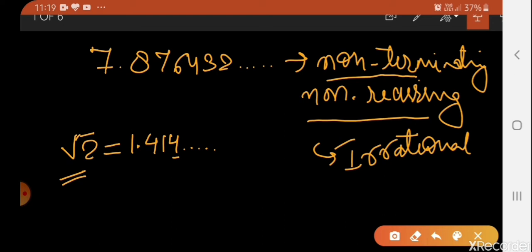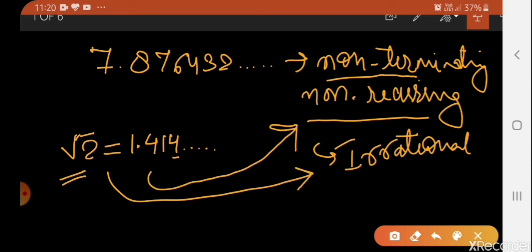So this is again a non-terminating and non-recurring number, and that's why we can say that root 2 is also an irrational number. Same condition goes for root 3, root 5, root 7 and so on. So I hope it is clear what is terminating and non-terminating number, what is recurring and non-recurring number. And on the basis of these, we can divide them into rational or irrational numbers.